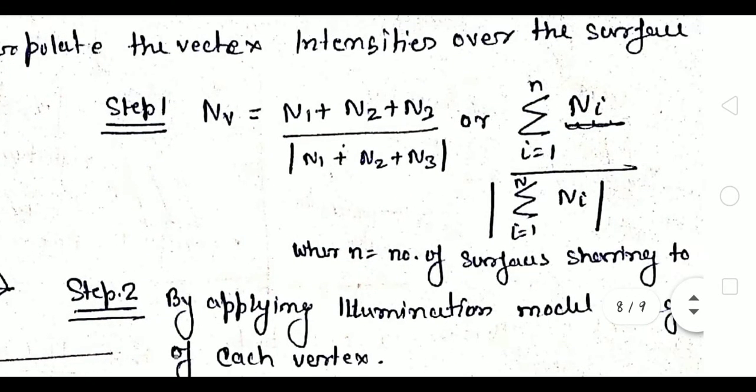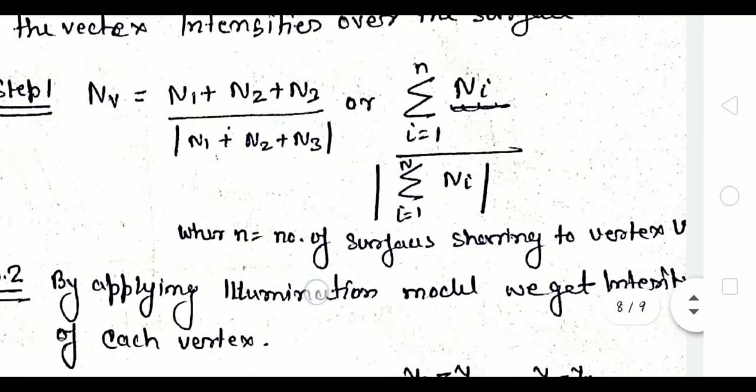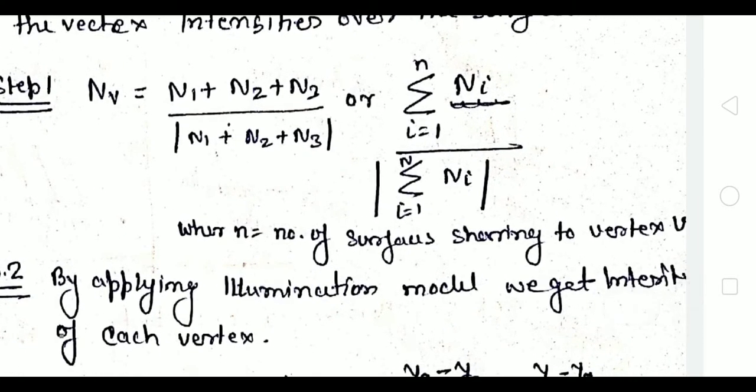So the first step: Nv, the normal vector at v, is equal to (n1 + n2 + n3) divided by the magnitude of (n1 + n2 + n3). Or in general, summation of ni for i equals 1 to n, where small n is the number of surfaces sharing vertex v, divided by the magnitude of the summation of ni for i equals 1 to n. This equation is the general equation for any type of polygon.